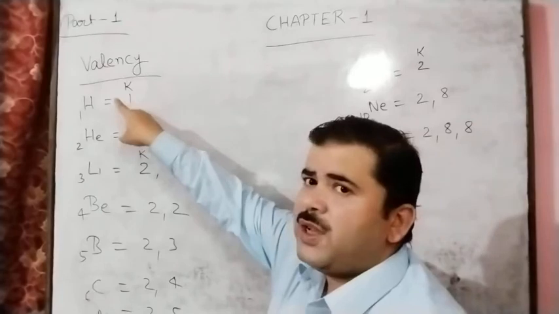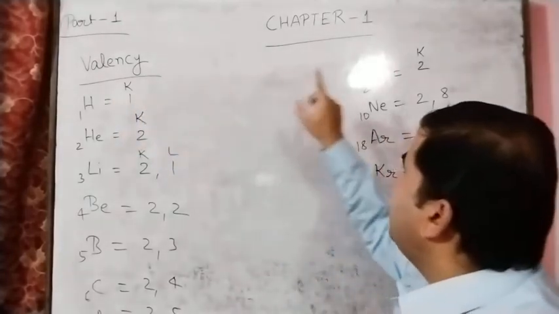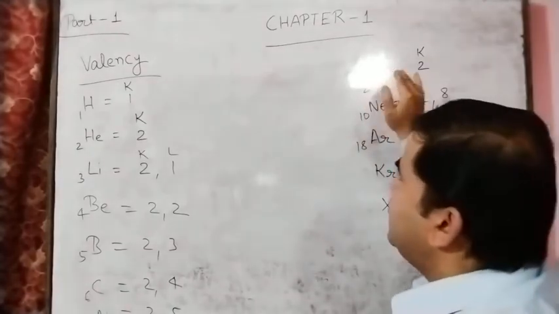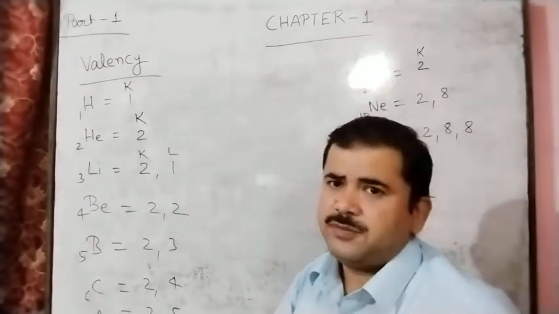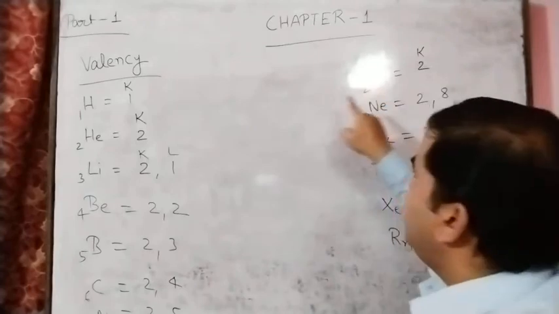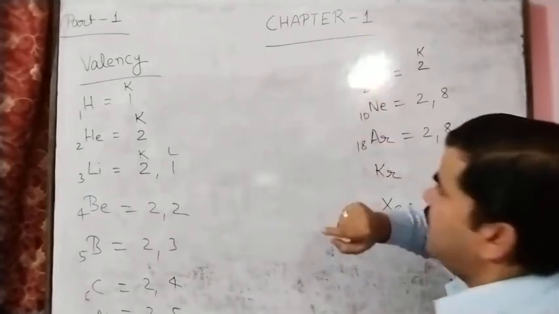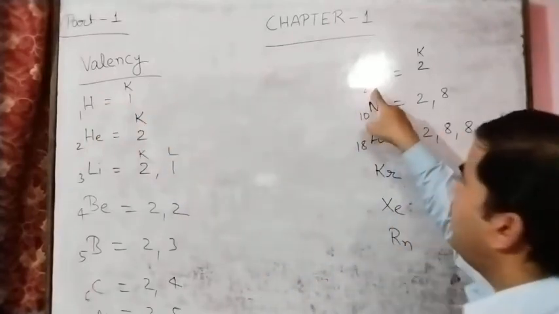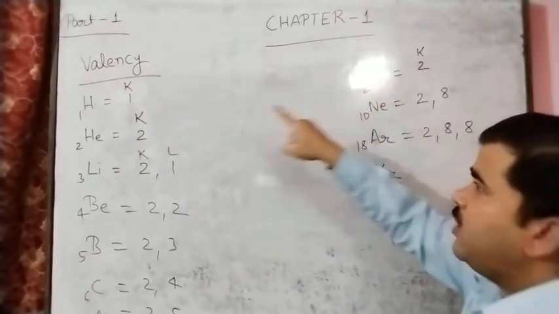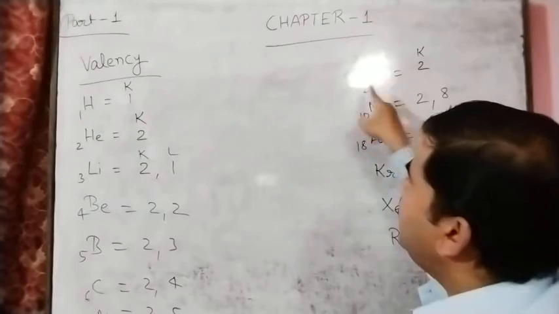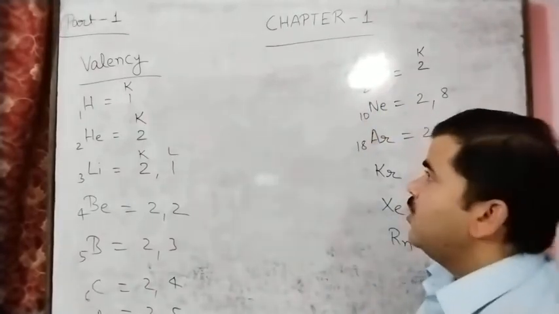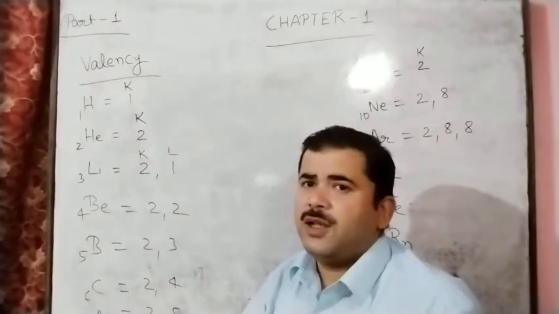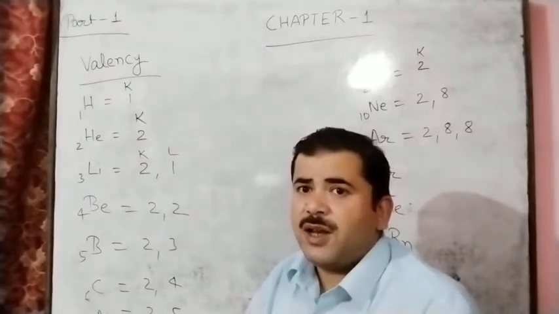This wants to become like the helium electronic configuration, because helium is a noble gas and is nearest to hydrogen. How can we say? Hydrogen has atomic number 1 and helium atomic number 2. So hydrogen acquires the electronic configuration of helium, because helium is stable.